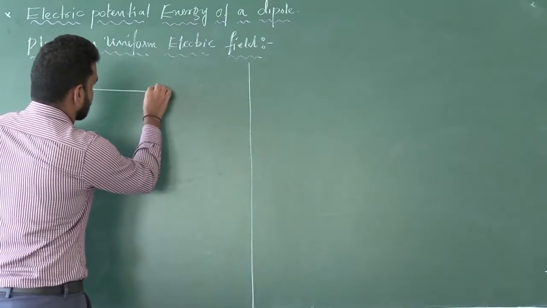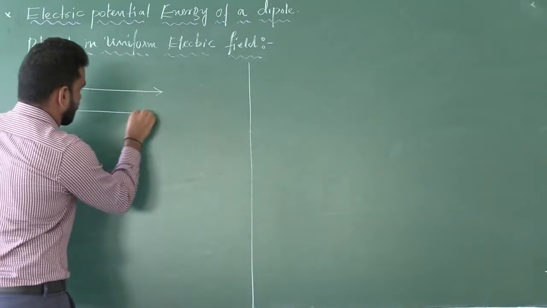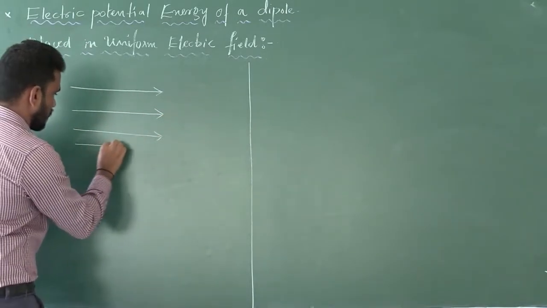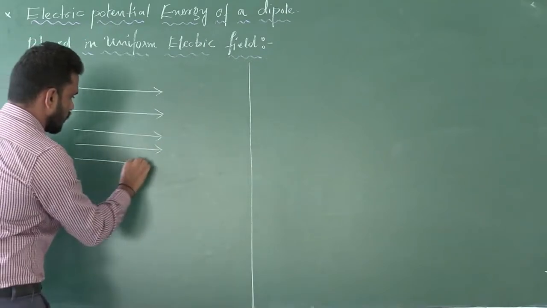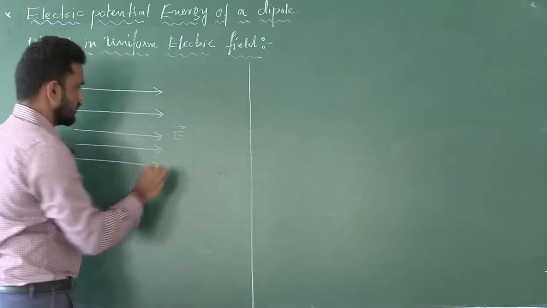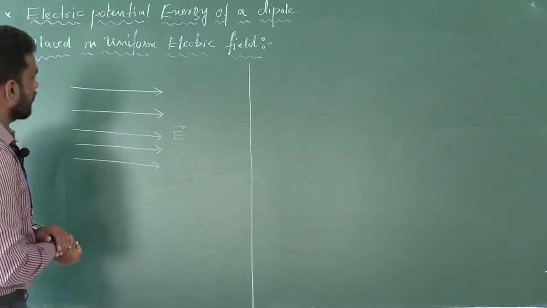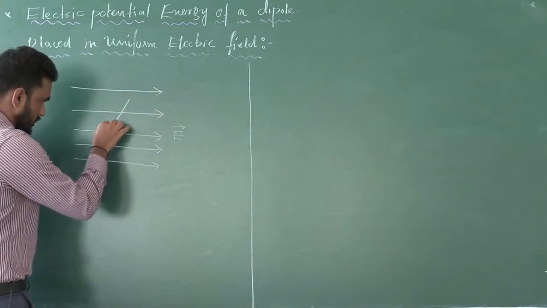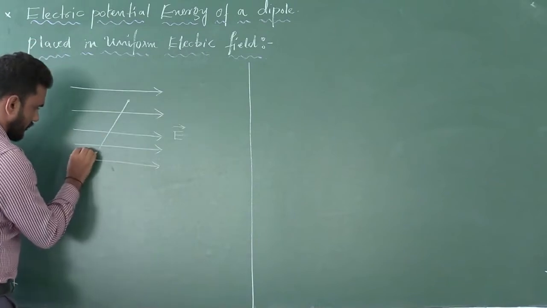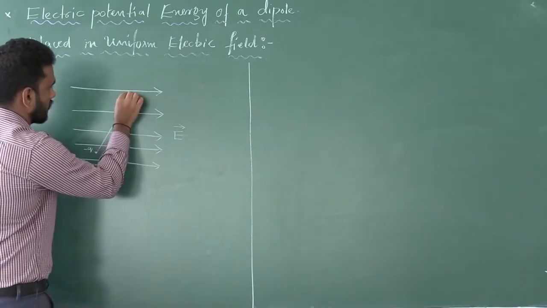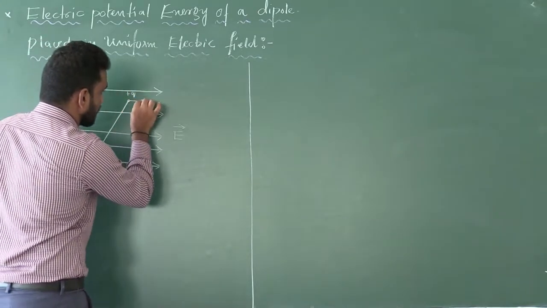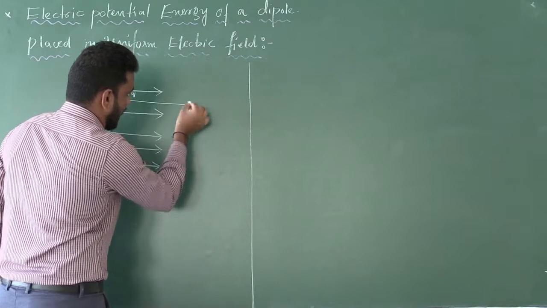Let these lines represent uniform electric field, which is represented by E vector. A dipole is placed in uniform electric field, minus Q, plus Q. We know that this charge experiences a force which is in the direction of electric field.